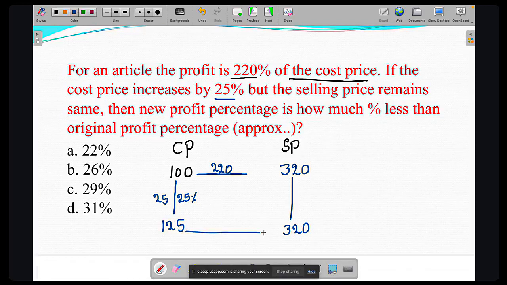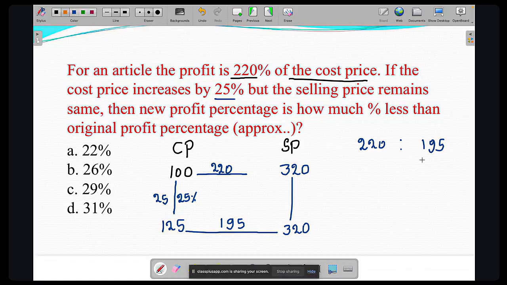First find out what the profit is now. Now tell me what is the profit now. 195. Now the question is, initially profit is 220, now new profit will be 195. Even you can do ratio.